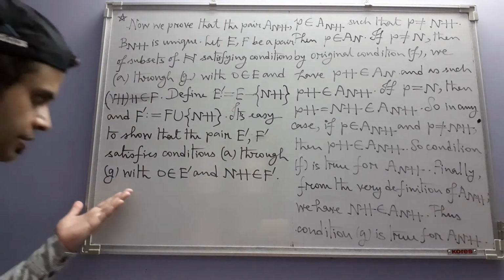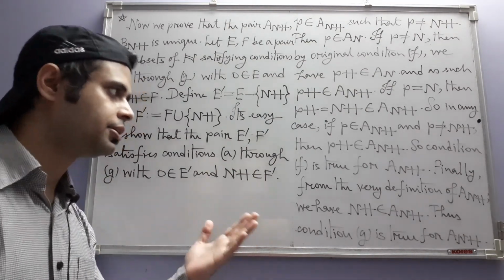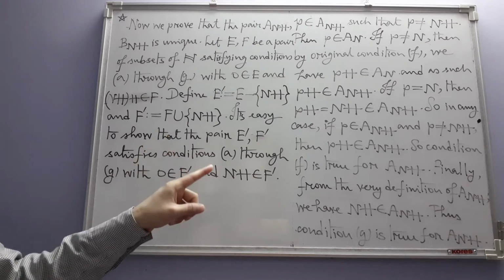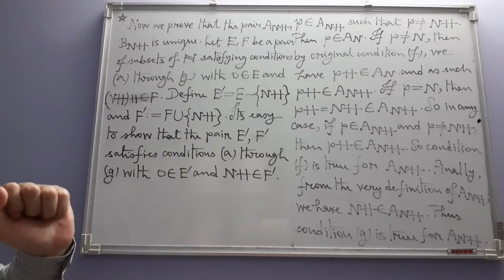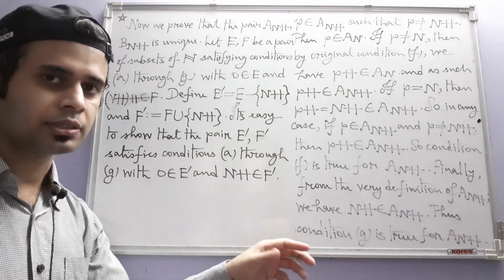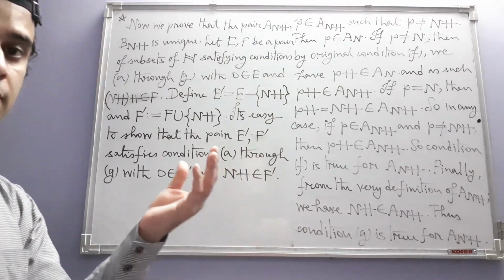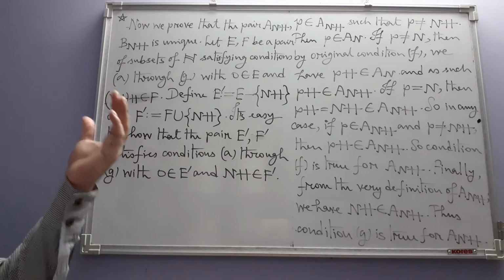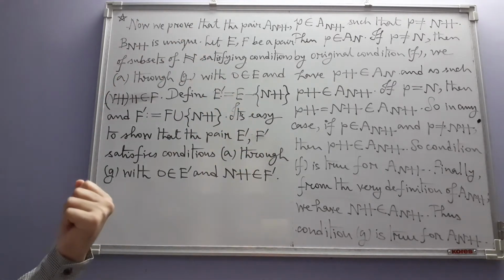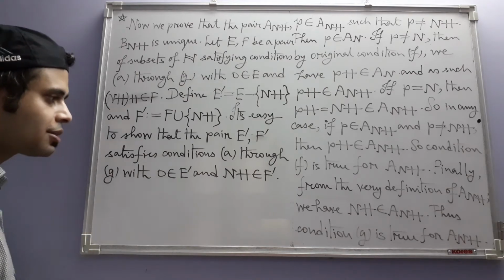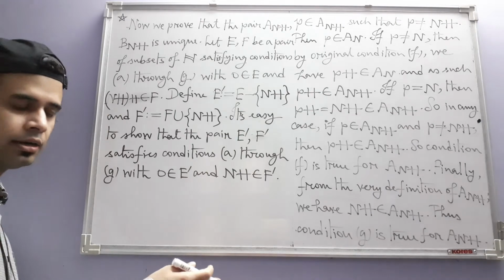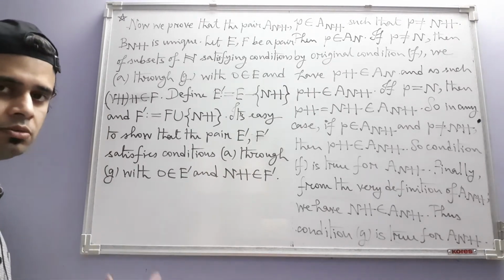So these are the conditions, exact conditions also satisfied by the pair An comma Bn. And keep in mind that according to our induction hypothesis, An comma Bn is a unique pair of subsets of N that satisfies such conditions. So because of that uniqueness, E prime will be equal to An and F prime will be equal to Bn.